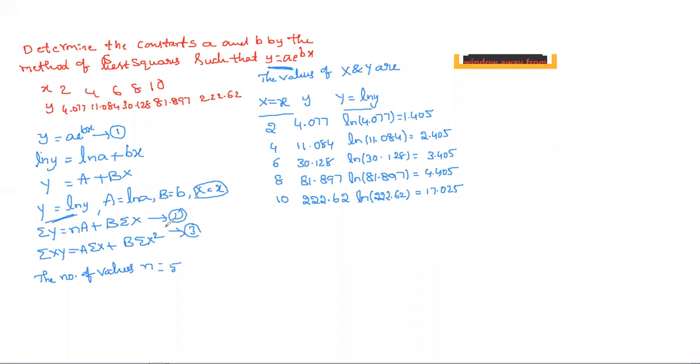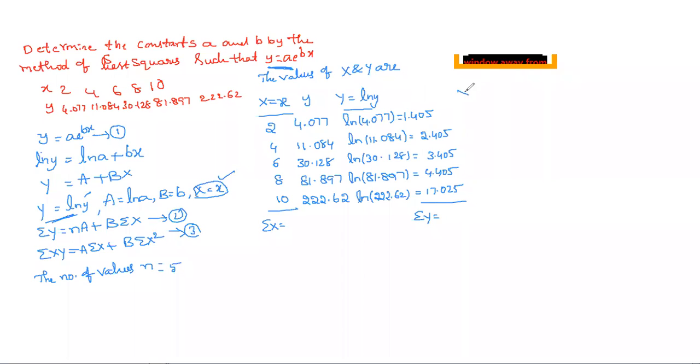Why? Because here the normal equations are completely in capitals. So capital X is nothing but small x, and capital Y is nothing but ln y. Now we need to add these, summation capital X, and by adding we'll get summation capital Y. And next we require x square as well as xy.